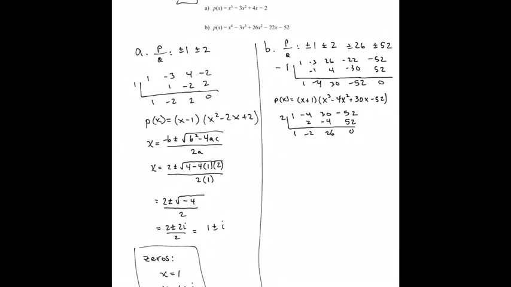Okay, so we found another one. Negative 1 is still a 0. 2 is a 0, which means that x minus 2 is a factor, and then the quadratic factor from those coefficients is x squared minus 2x plus 26.